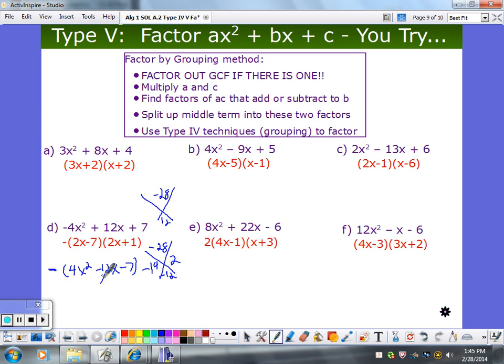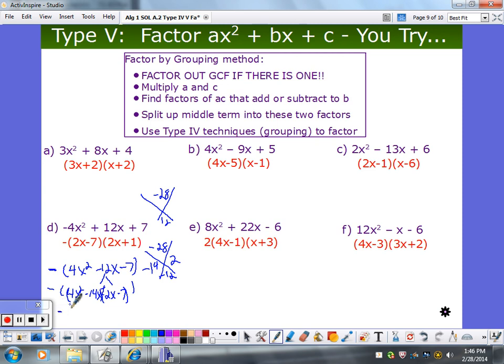Okay, so let's split that guy up. Now the negative just kind of stays outside here. So 4x squared minus 14x minus 2x minus 7. I'm going to do my group proof if I could get in there. I think I'll do a group here.